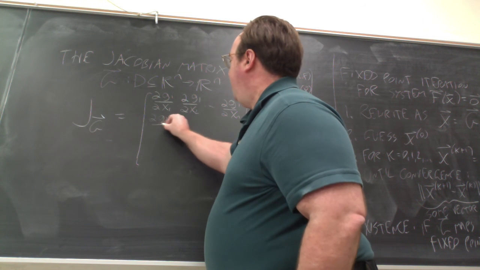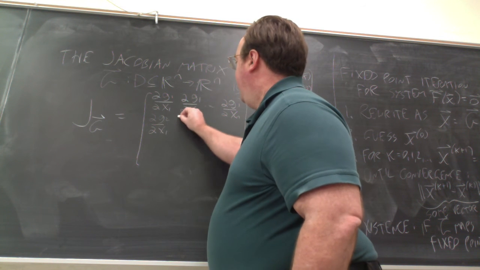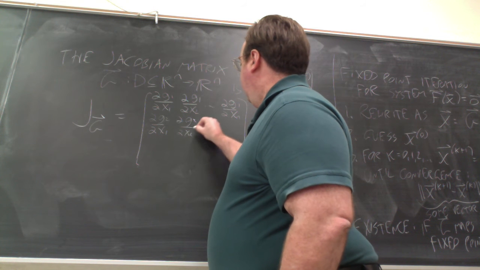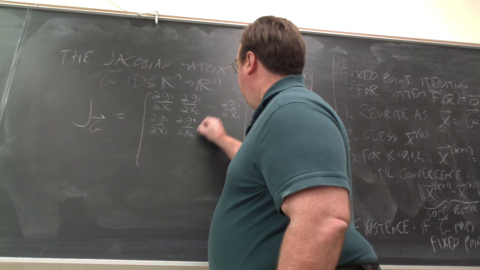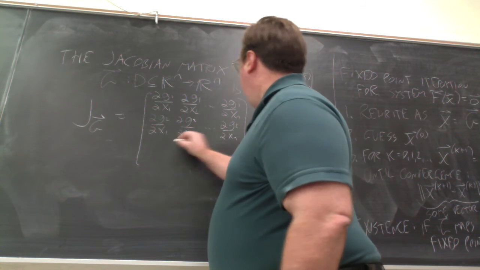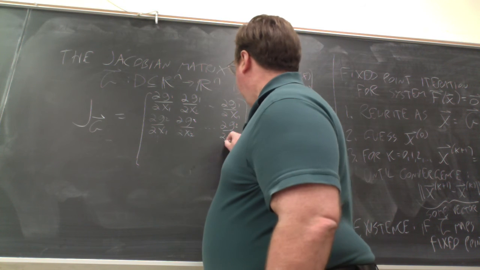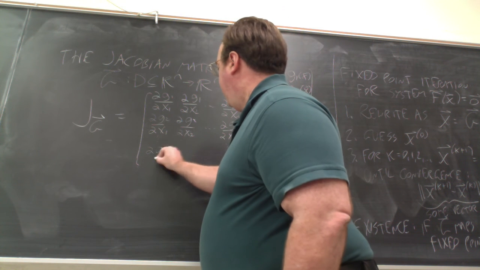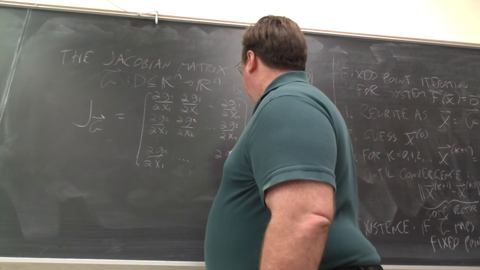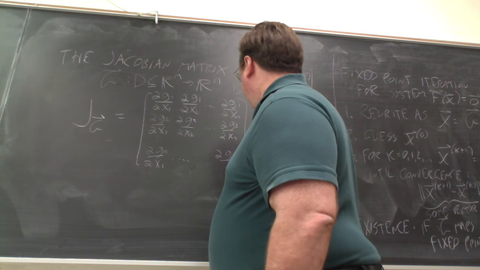Then the second row would be all the partial derivatives of g2, the second component function, and so on, all the way down to the partial derivatives of gn with respect to x1, x2, up to xn.